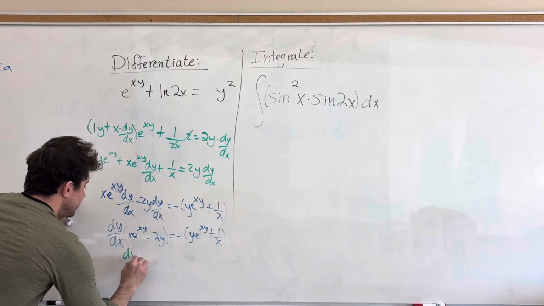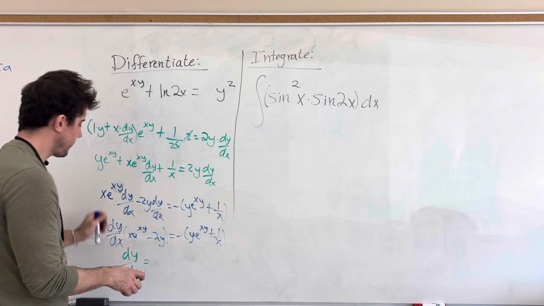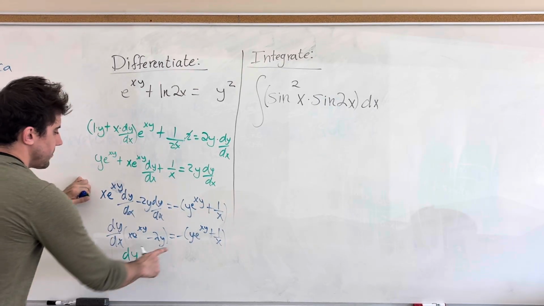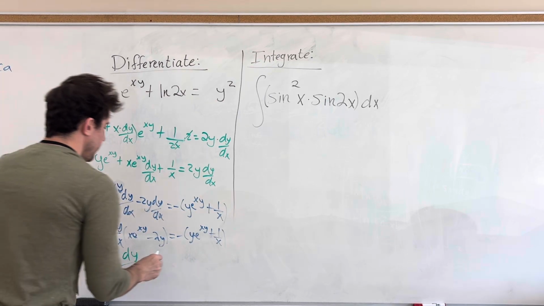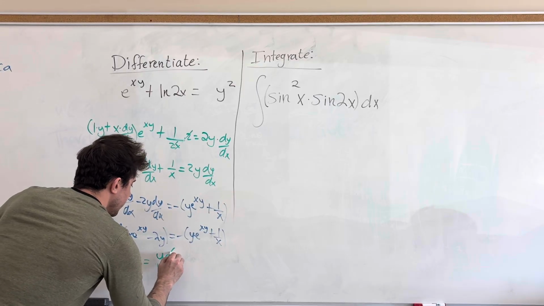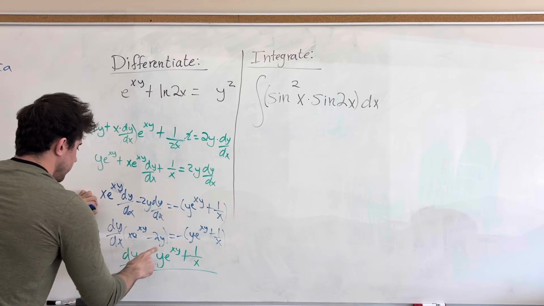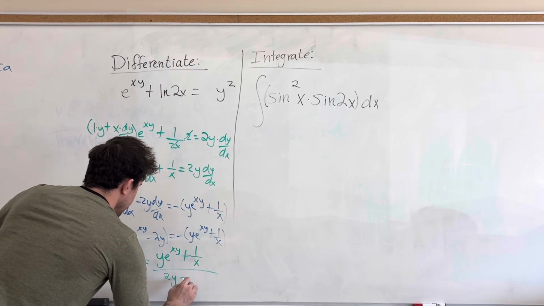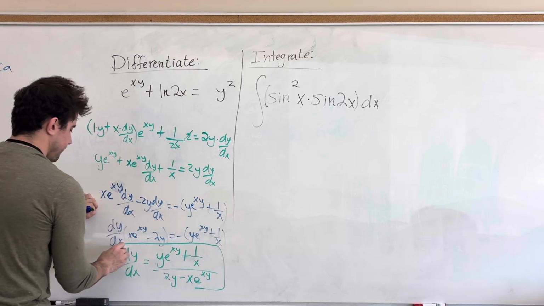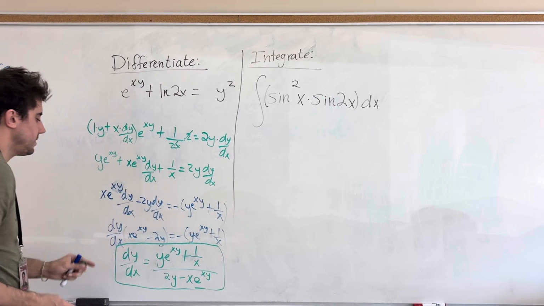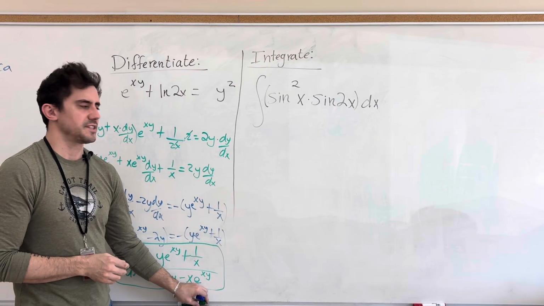So then dy dx, our derivative, after all, is going to be, I'll get rid of the negative and just switch the sign on both of these. So I'll just switch the order. And so I'll have y e to the xy plus 1 over x all over 2y minus x e to the xy. And here is our derivative dy dx. That was a nice one.